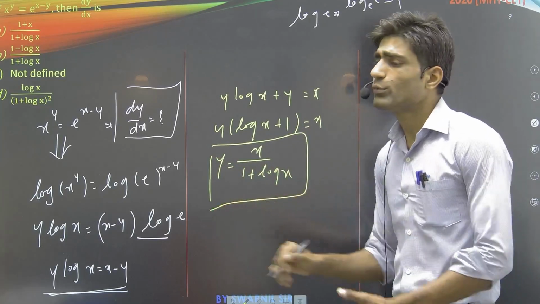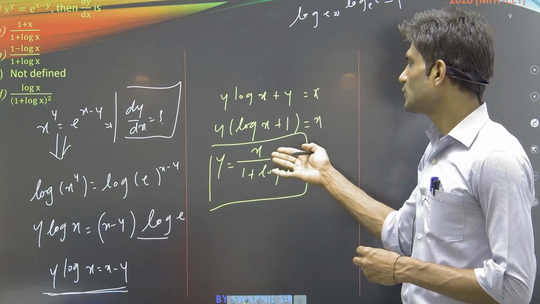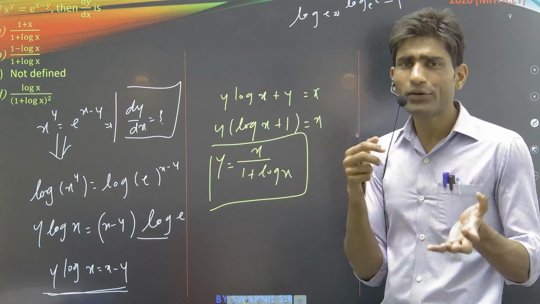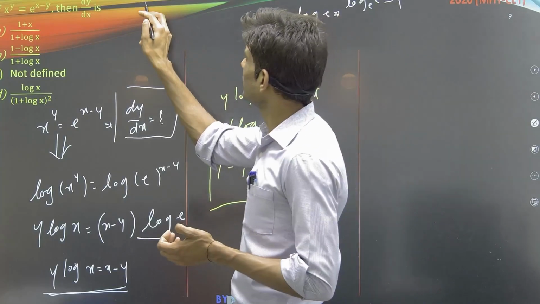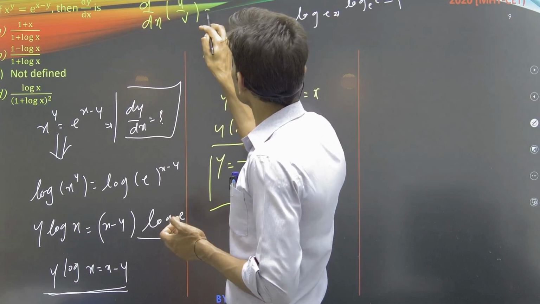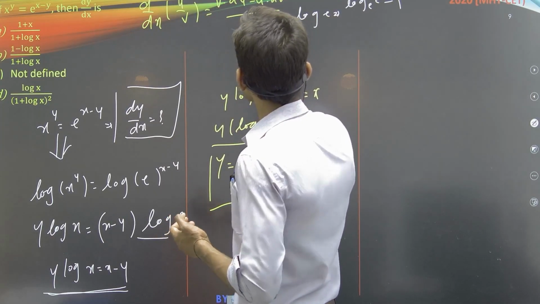Now we have to differentiate our given function with respect to x. As we have u by v form, apply the quotient rule: the derivative of u upon v is v into derivative of u minus u into derivative of v, upon v square.